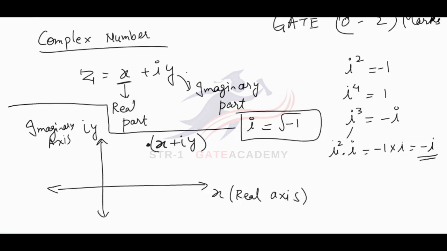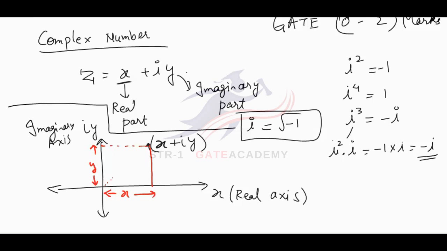If you want to understand this x plus iota y, this is x and this one is y.